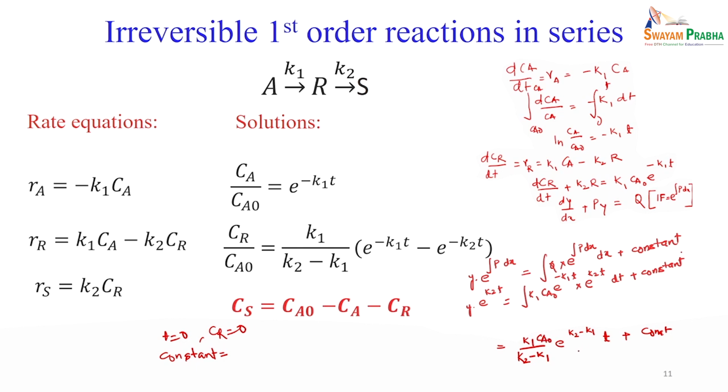This term will be 1 and this will be the 0. So, it will be only minus k1 Ca naught upon k2 minus k1.